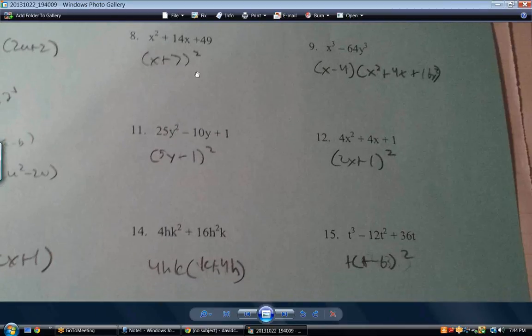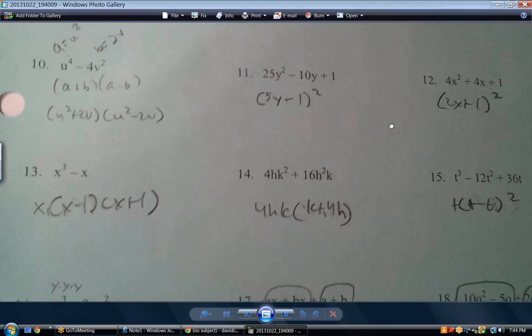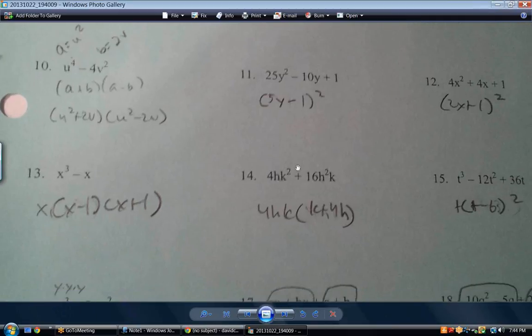All right, this is x plus 7 squared. This is difference of perfect cubes. You've got that right. This is difference of perfect squares. So u squared minus 2v times u squared plus 2v.